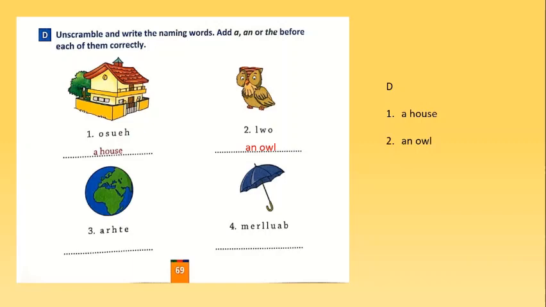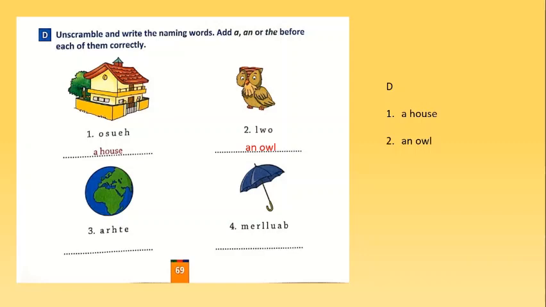What do you see in the next picture, number 3? This is the picture of Earth. Earth is the planet on which we live. What will be the correct spelling of the Earth? Can you help me with that? The correct spelling will be E-A-R-T-H.